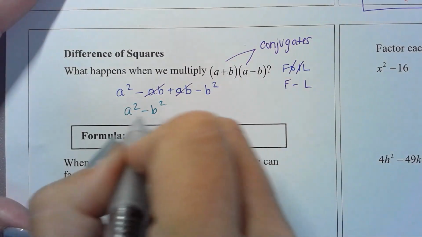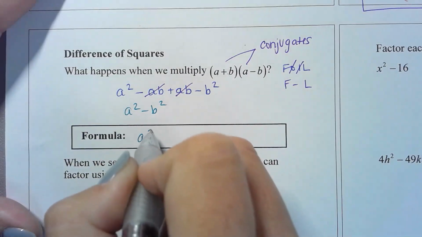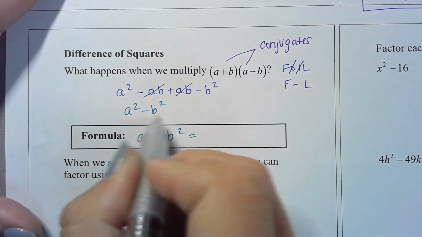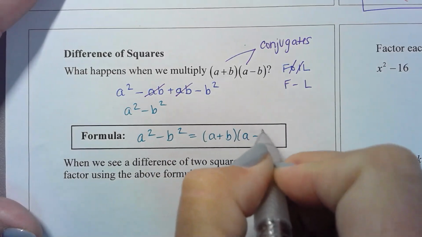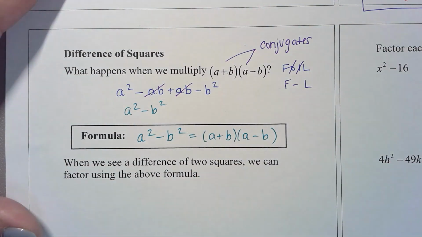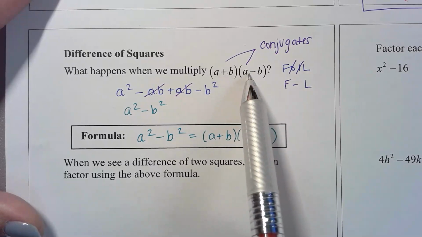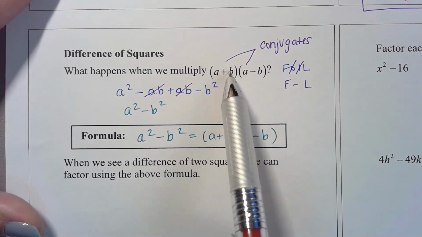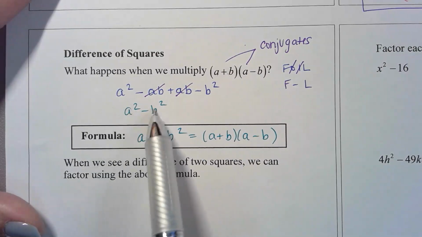So I'm going to write this down. A plus b, actually I'm just going to reverse it, doesn't matter. I'm going to say a squared minus b squared is equal to a plus b times a minus b. Because if we're reversing what we were doing on Friday, instead of saying let's multiply conjugates to get this, we're saying what if we have this?